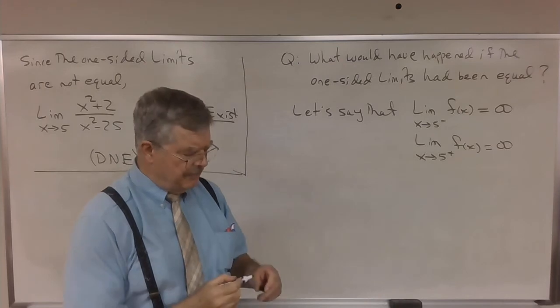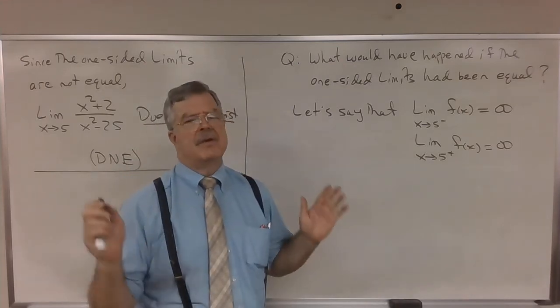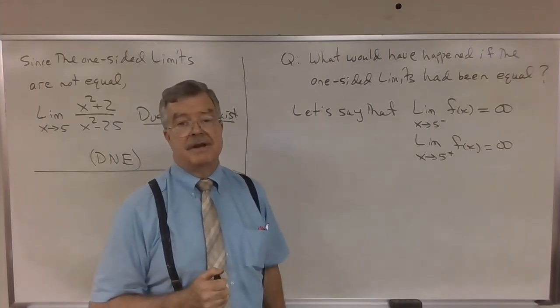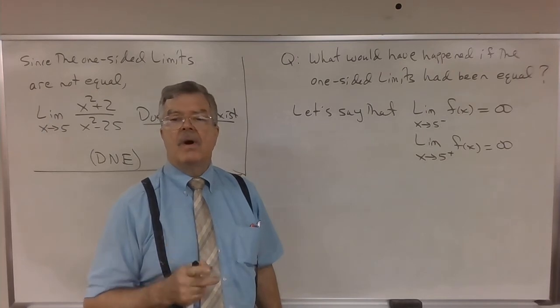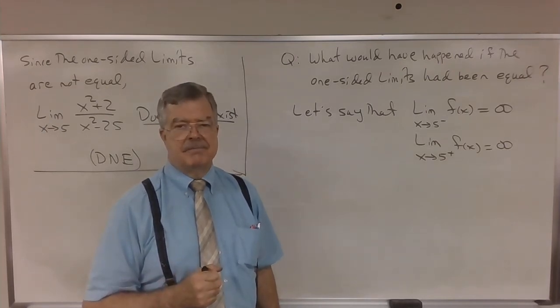So suppose that the two limits had been equal. They were both equal to infinity. What would that have meant?